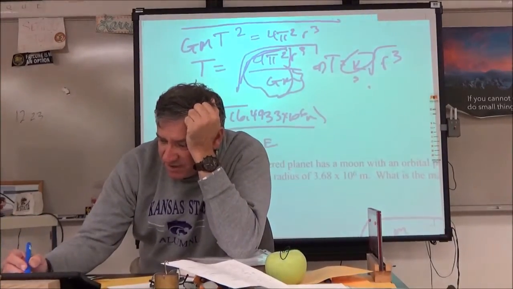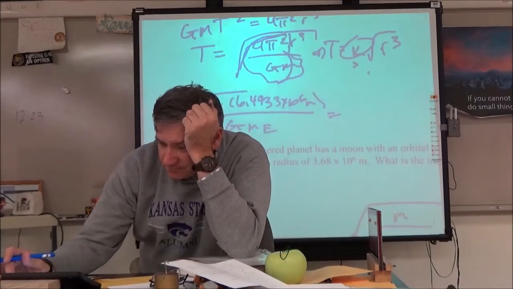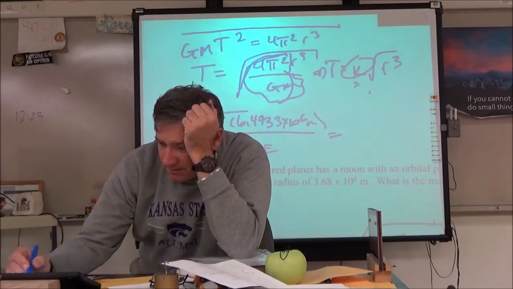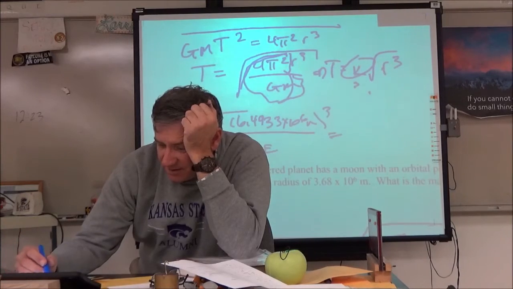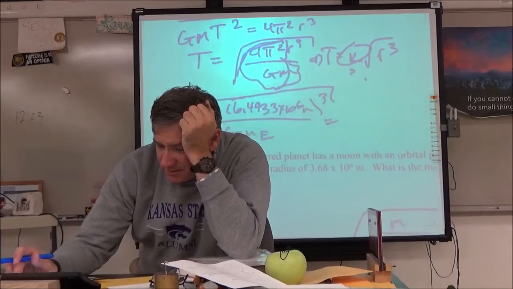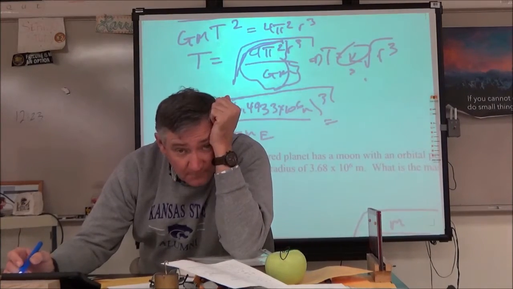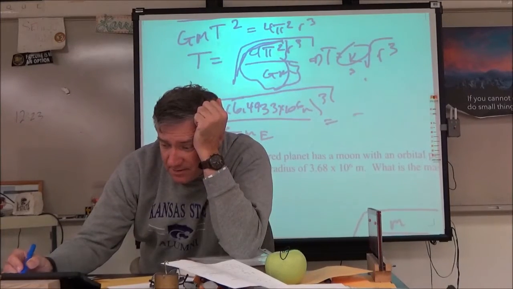All right, so what did you get for the orbital period? And don't forget to cube that radius. What'd you get? 5.21 times 10 to the third. So 5,210 seconds.